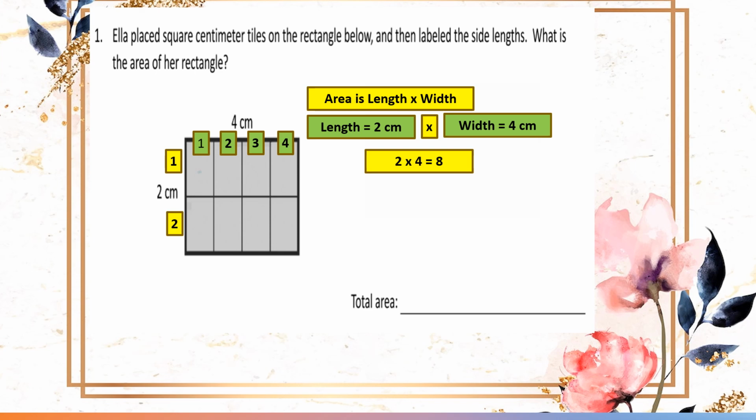So let's count the squares. 1, 2, 3, 4, 5, 6, 7, 8, which means the total area is 8 centimeters. Now, if you need to pause to check your work, go ahead and do that now.